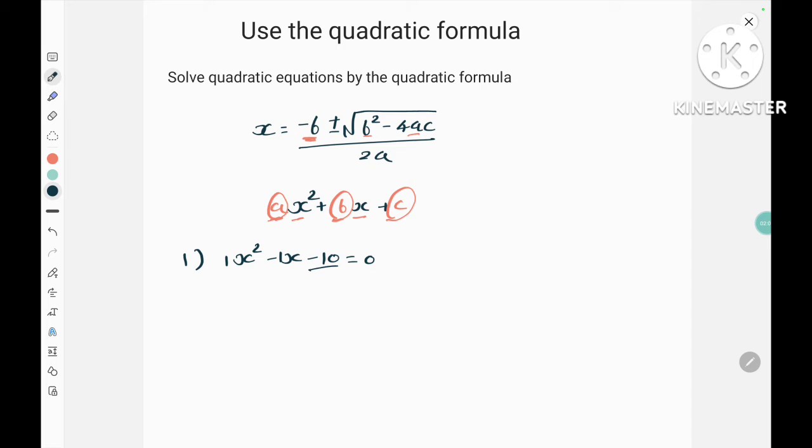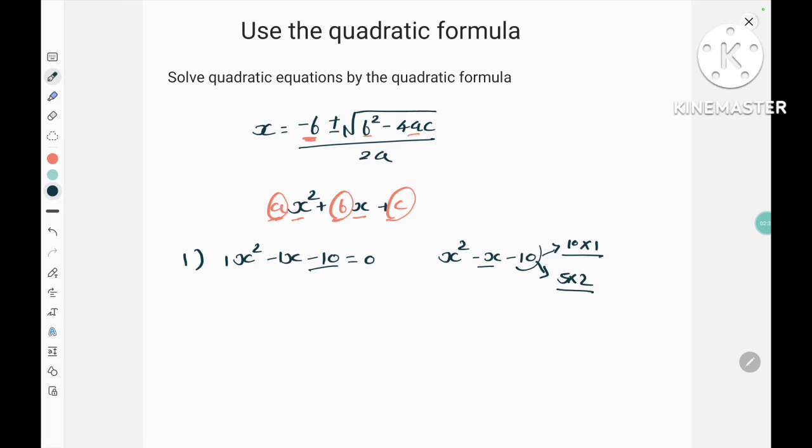You might have a question: why can't we use the ordinary way to factorize the quadratic equation? I will tell you. To get the solution by factorizing, we need factor pairs of 10. 10 has the factor pairs 10 times 1 and 5 times 2.